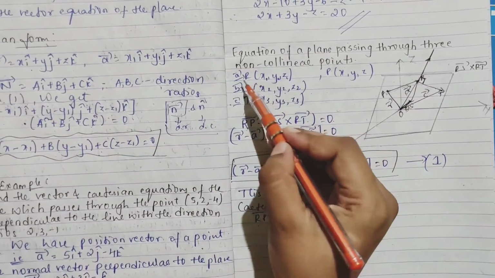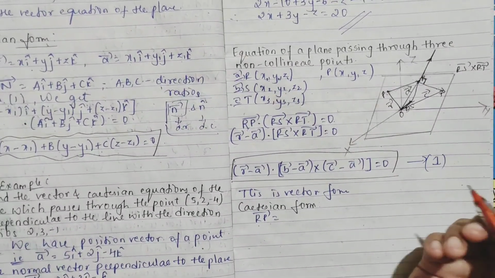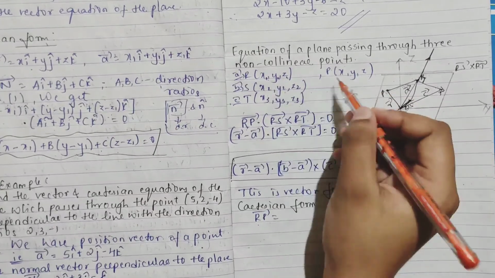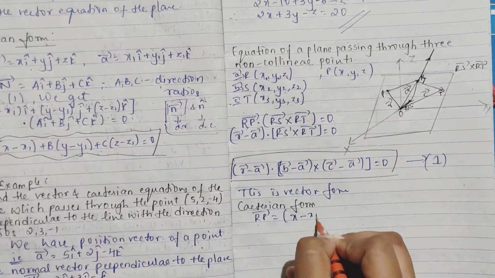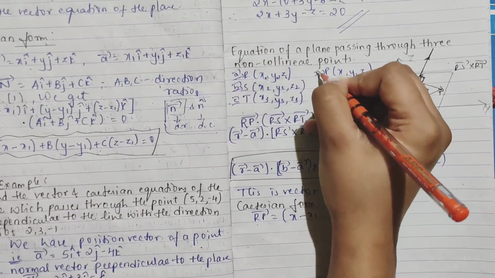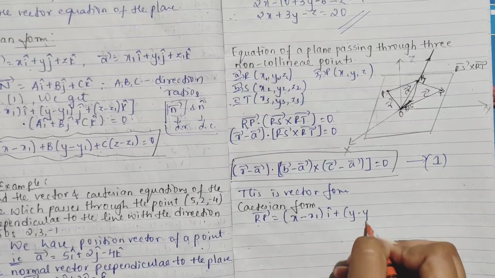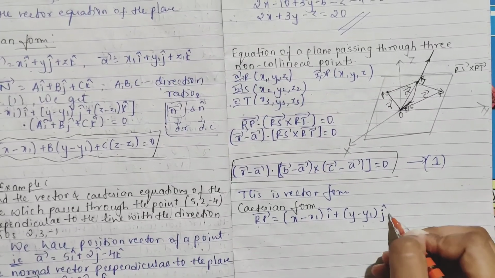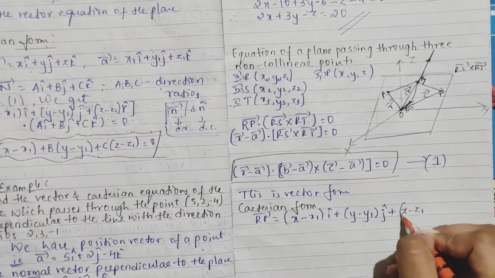So this a is x1 y1 z1, and your p is x y z. So in short, r minus a, we'll get x minus x1 i cap plus y minus y1 j cap plus z minus z1 k cap, right?